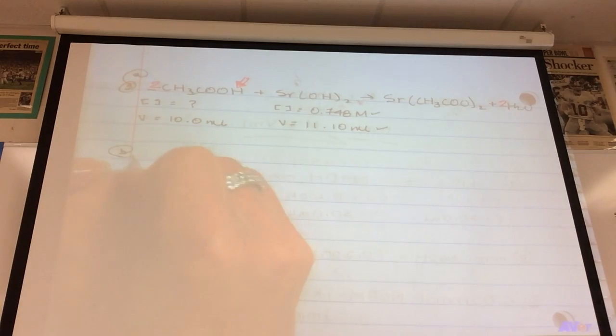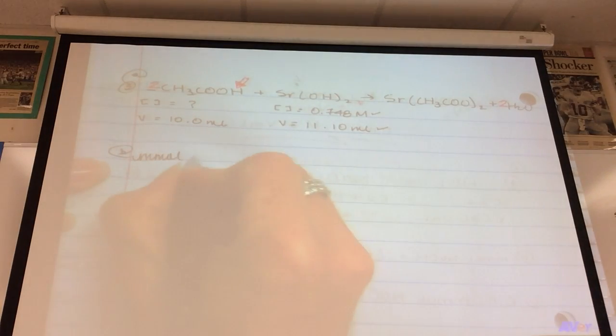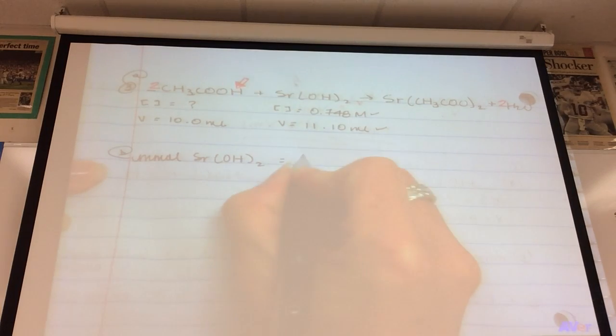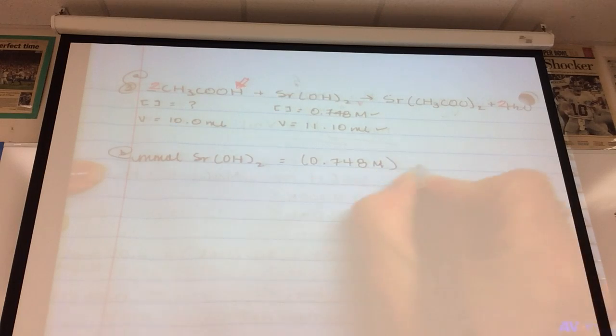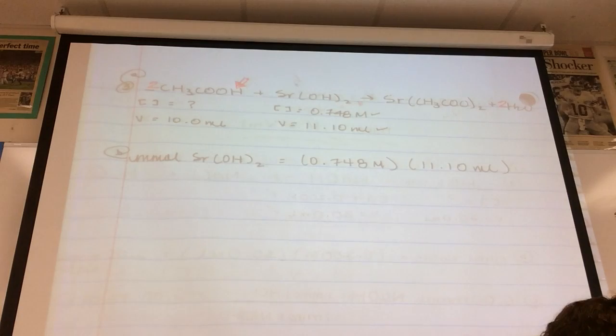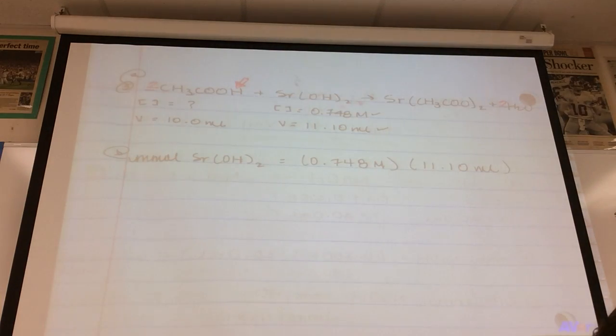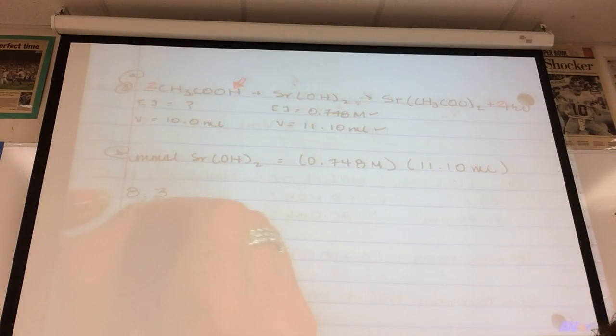We're going to get millimoles of the base by multiplying the concentration times the volume. And that's 8.30 millimoles of base.